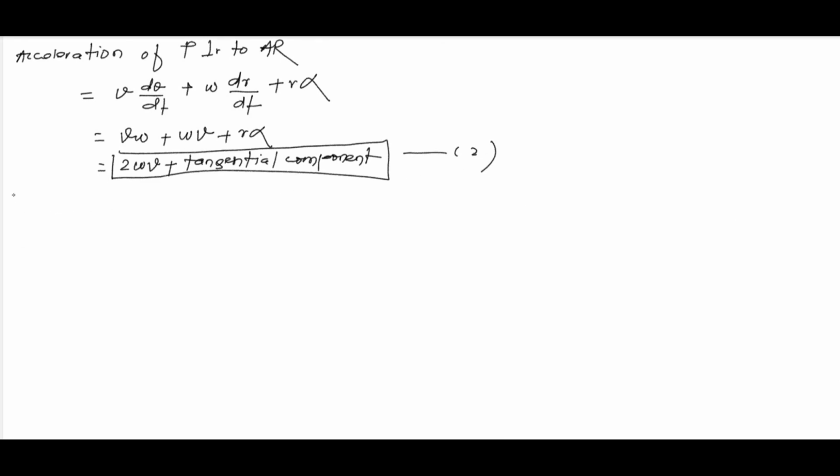Now the component 2 omega v is known as the Coriolis acceleration component.